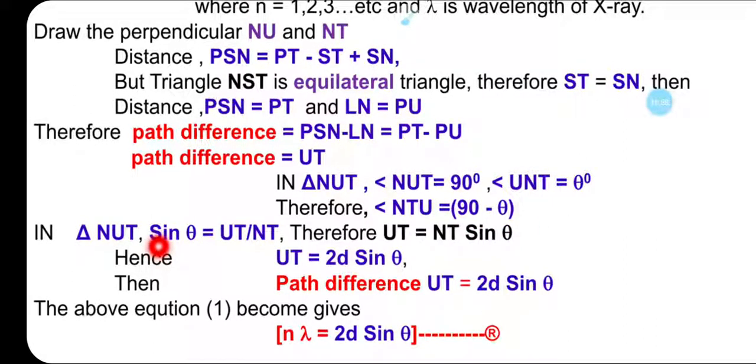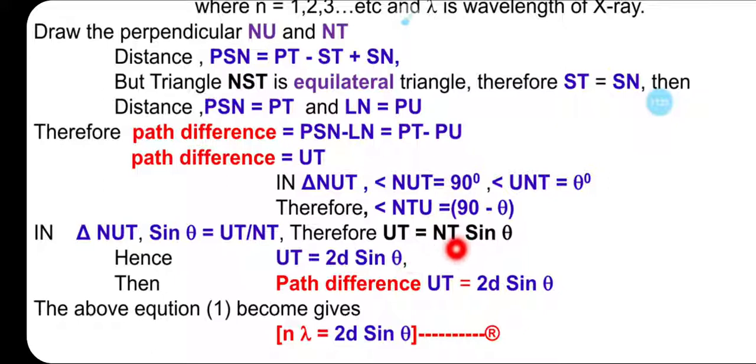In triangle NUT, which is a right-angle triangle, sin theta is equal to UT upon NT. Therefore UT is equal to NT sin theta.